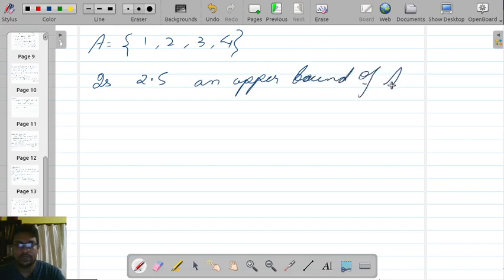Is 2.5 an upper bound of capital A? The answer is actually no. Let us try to explain how it is no.